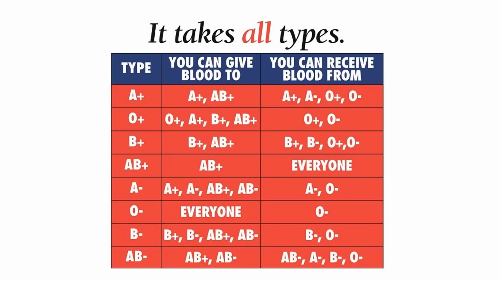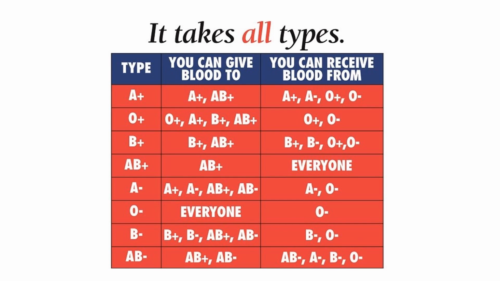Alright, so let's continue talking about blood types, because it's extremely important for all of us to know our blood type. If they give you the wrong blood type, they can actually kill you. If we look at this chart, on the very top where it says type, on the first row, we see that we're talking about an A plus person.